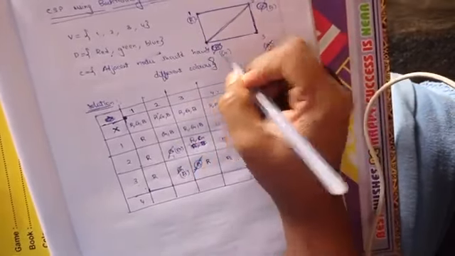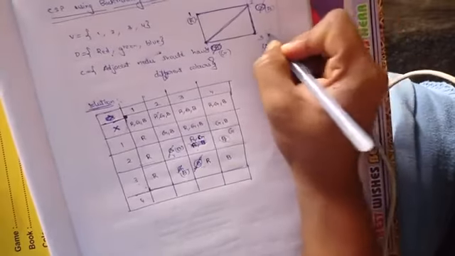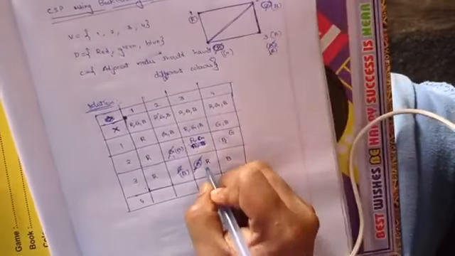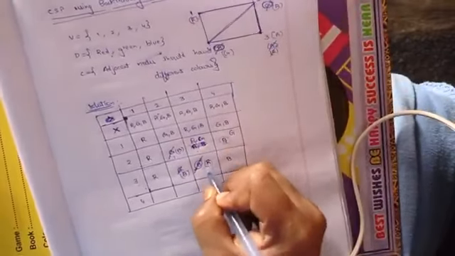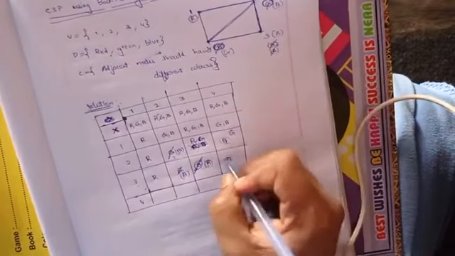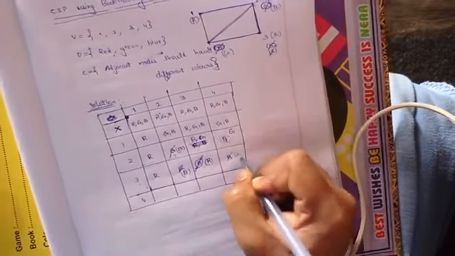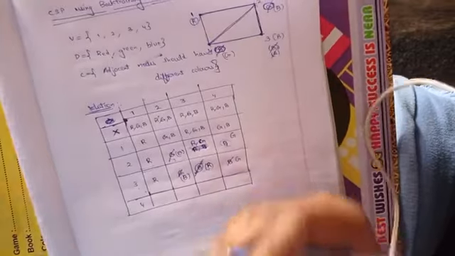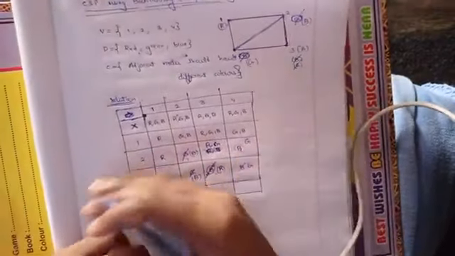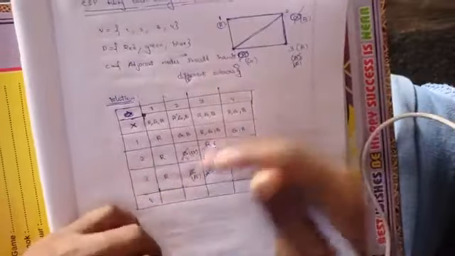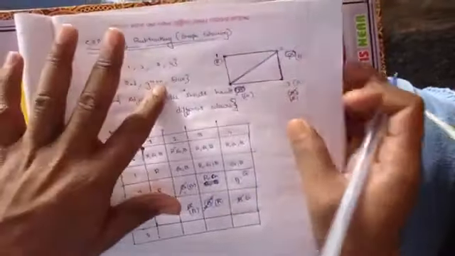Green is already present and blue is already present. What is the next color we can give? We can only give the red color, right? That's why we should use red color here. And for 4, it is G color. So this is how we will be doing it. In case any error has occurred, we have to traverse back, or in case there is no error, we continue. So this is the example of a constraint satisfaction problem.